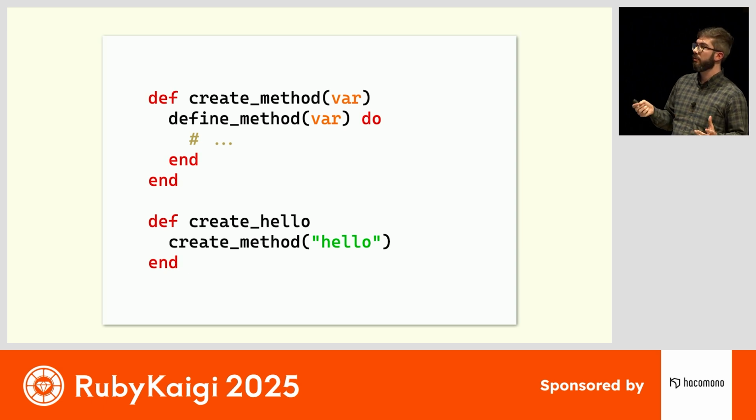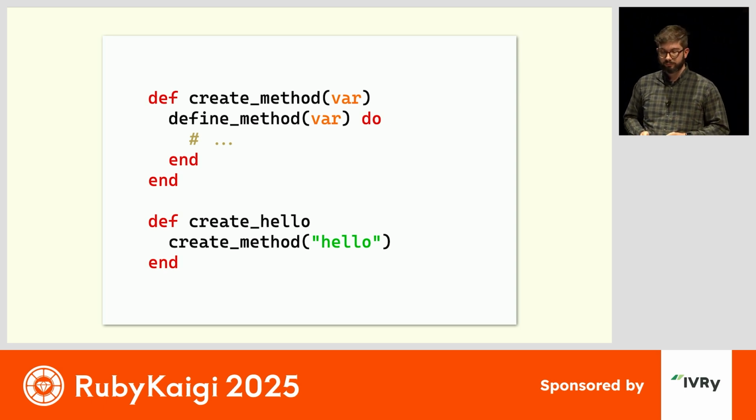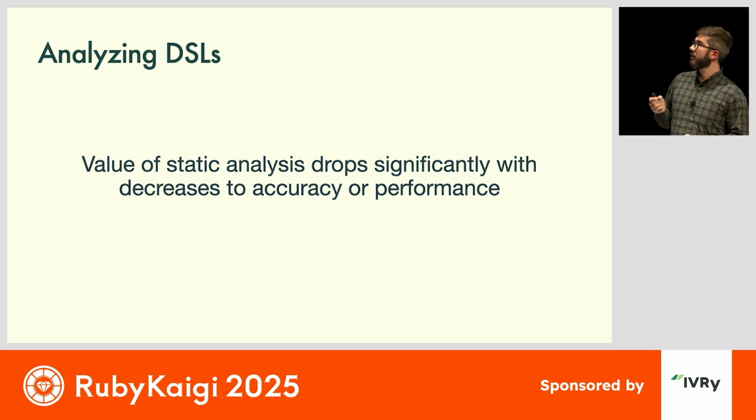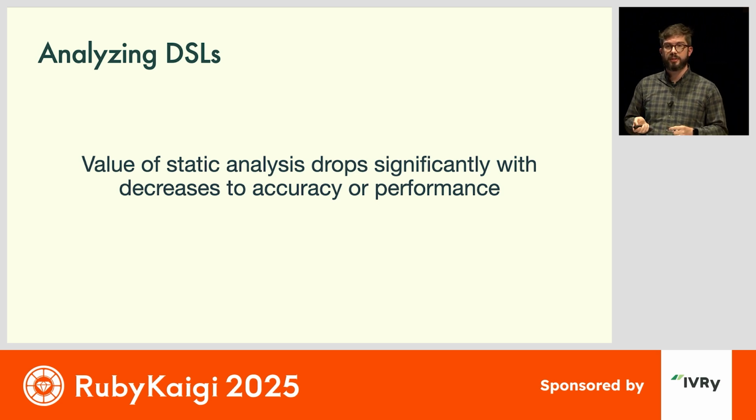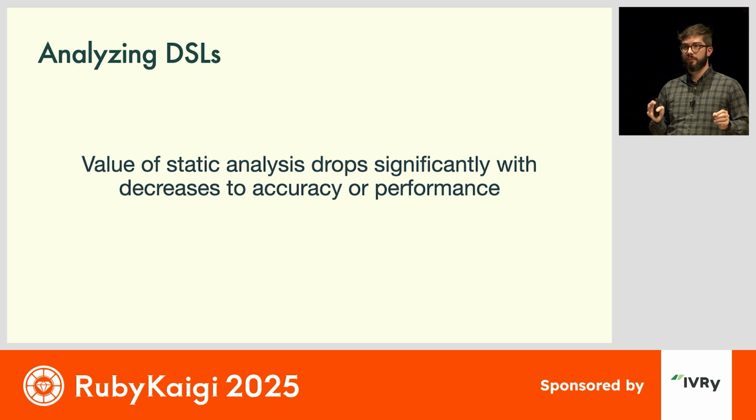You need to remember all of those bits of information so that the type checker can actually understand what's going to happen on each step. And even if you can understand it, the method hello is only going to be available after you invoke create hello. So there's a lot of complexity that makes the performance cost grow. The reality is that type checking and statically analyzing Ruby is a constant tension between accuracy and performance.